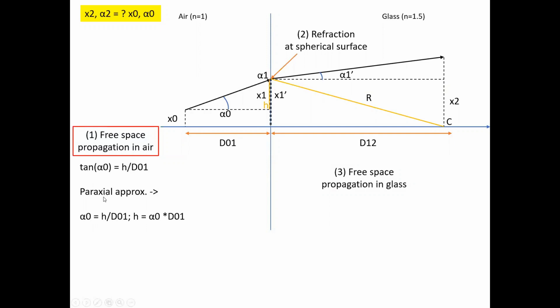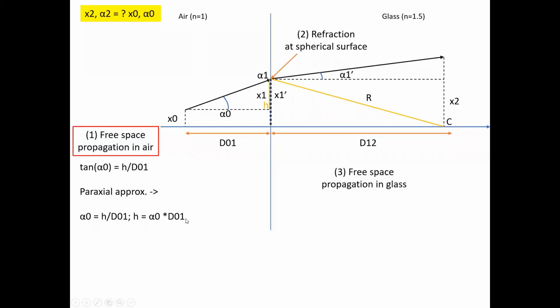Now we have to remember our paraxial approximation, which means tan of the angle becomes the angle itself. So it becomes alpha 0 equals h, the small height, over d01. Or we can write h equals alpha 0 times d01. So this is one of our equations.